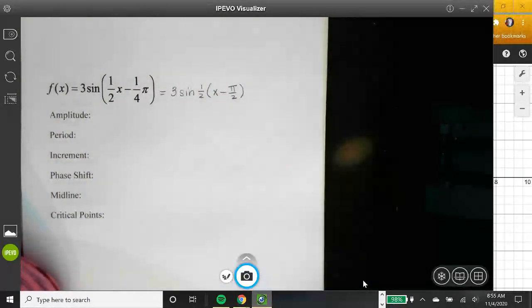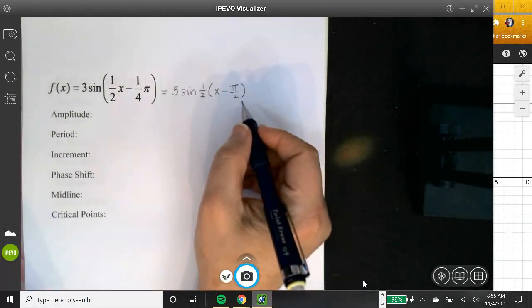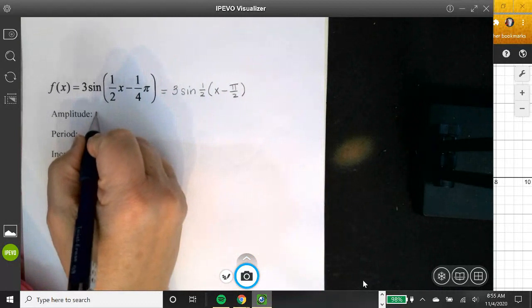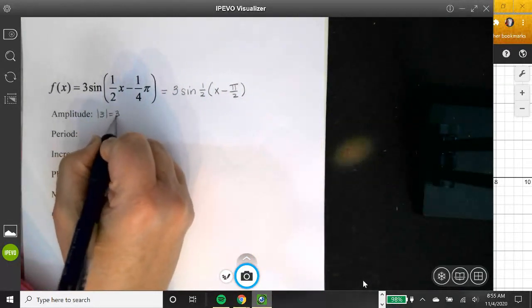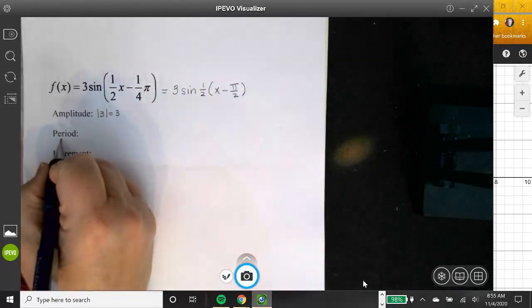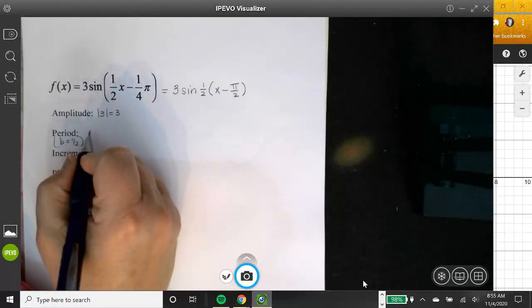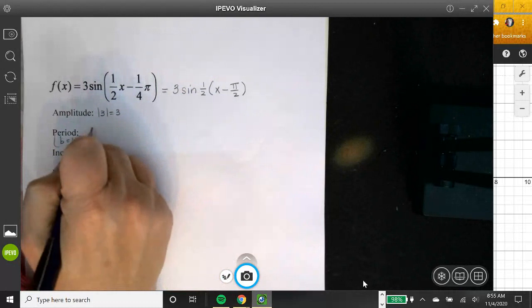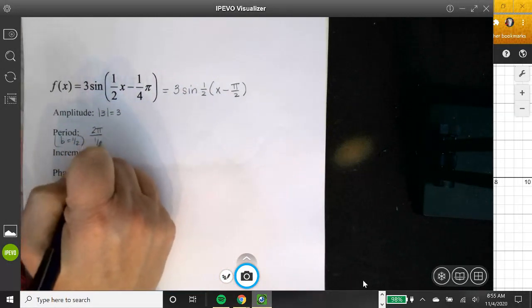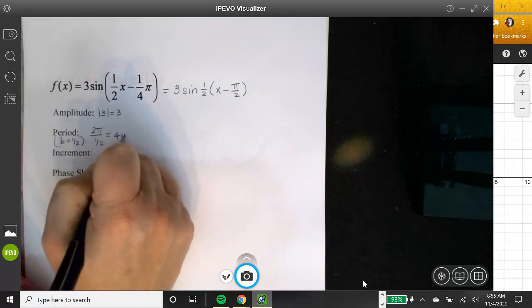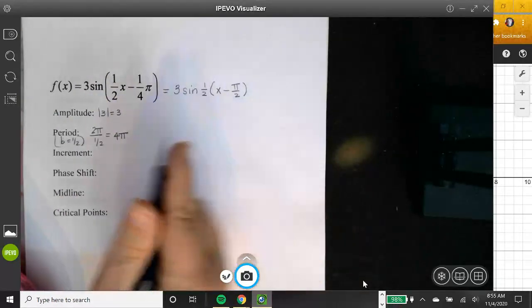Okay. All right. So the amplitude is going to be the absolute value of 3, which is 3. The period factor, b, equals 1/2. So that means that we're going to take 2 pi and divide it by 1/2, which is going to stretch it to 4 pi. Makes it a lot wider, okay?